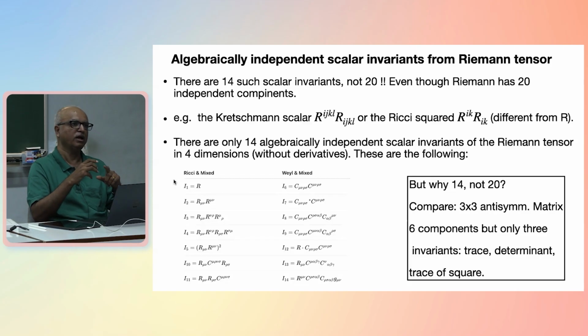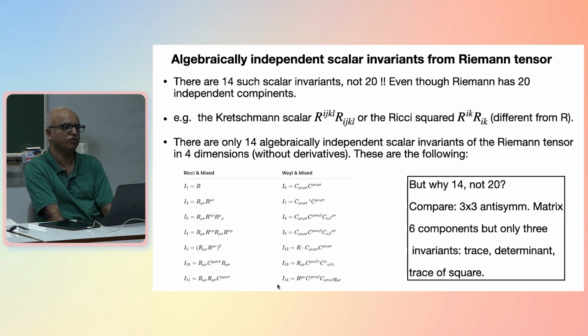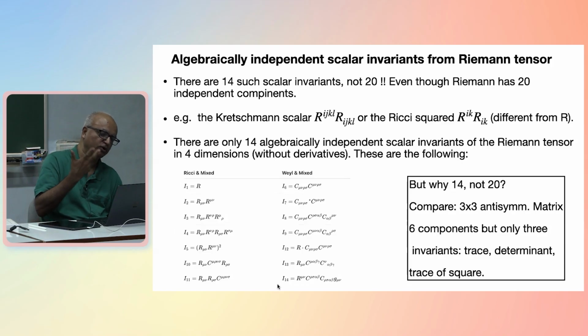You want a coordinate independent measure of the strength of the curvature, and that information is captured in these 14. You need all 14 in general if you want to know how much is the strength of the curvature.